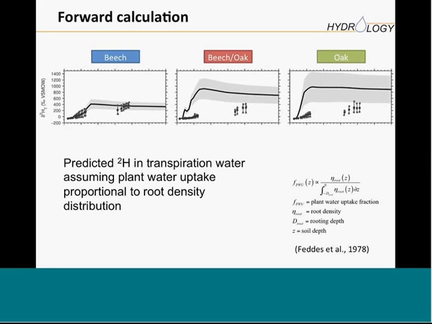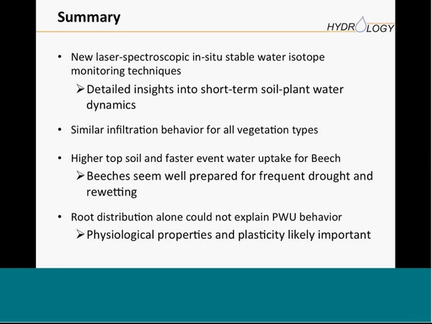Good. So to summarize this, I think those new laser spectroscopic measurements in combination with the in-situ stable water isotope monitoring technique provide us really detailed insights into short-term infiltration, soil water movement, and soil-plant water dynamics. We could find a similar infiltration behavior for all different vegetation types, but we had a higher topsoil and faster event water uptake for the beech.